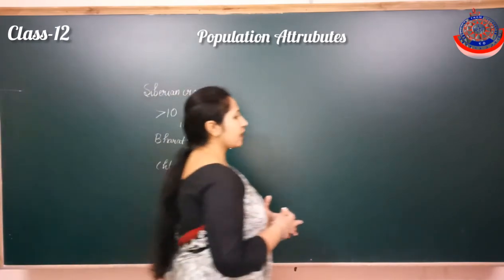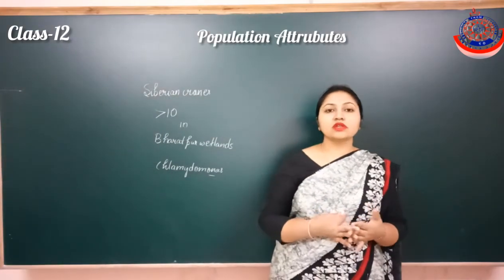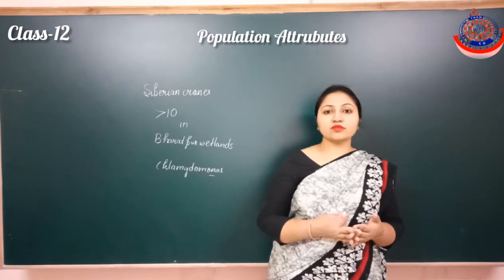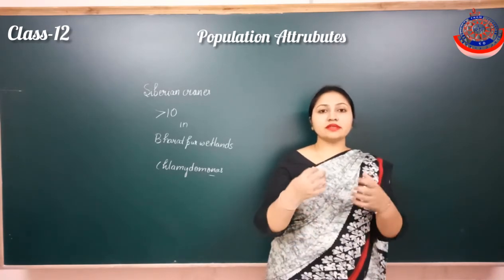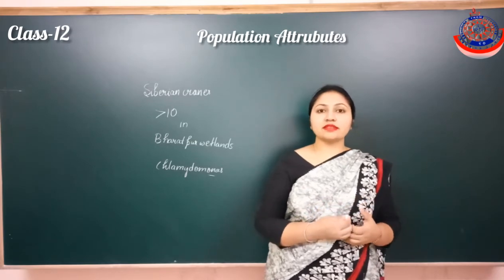Now how can we count the number of the organisms which are very large in number? So what are the calculative measures in that case?